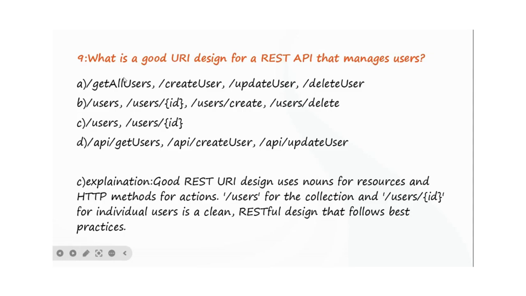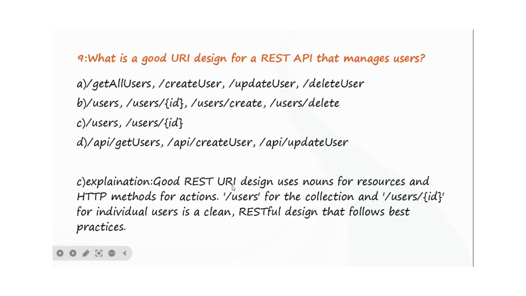What is a good URI design for a REST API that manages users? Option C, /users or /users/{id}.